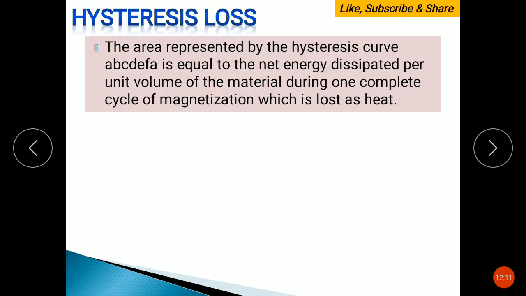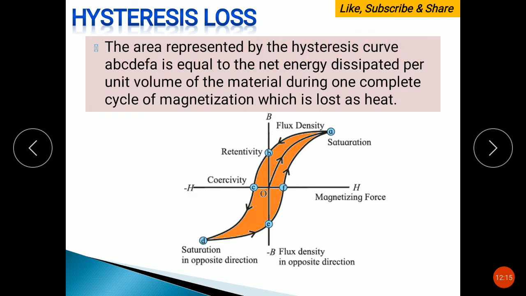Another thing we study in the hysteresis loop is hysteresis loss. The area represented by the hysteresis curve A, B, C, D, E, F, A is equal to the net energy dissipated per unit volume of the material during one cycle of magnetization, which is lost as heat.